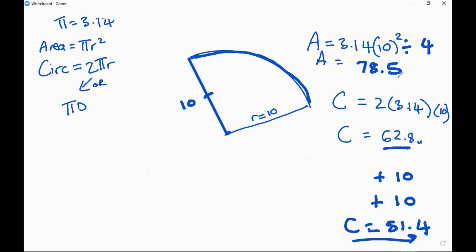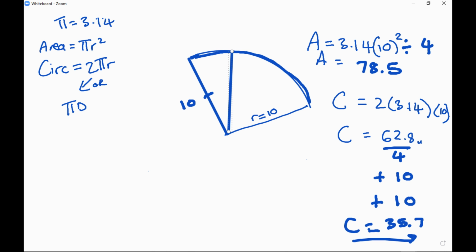And then the next one is 2 times 3.14 times 10 divided by 4, which comes to 15.7, plus 10 plus 10, is 35.7 for the circumference. And notice we're adding 10 twice again because we have to cover the entire perimeter, which is the outside. This one comes to 35.7.